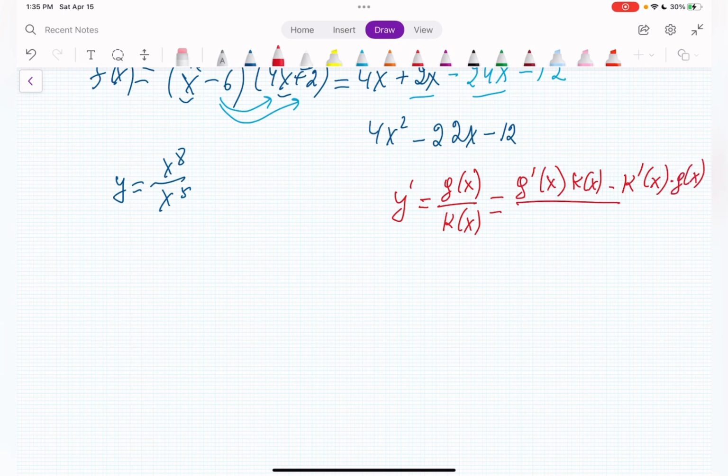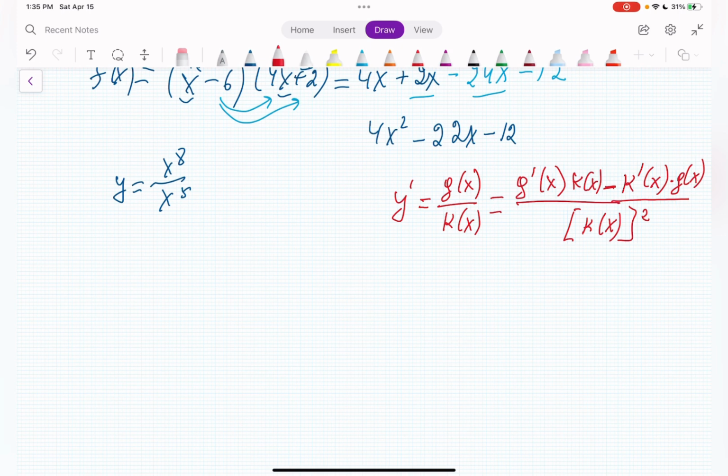The numerator is exactly like the derivative of a product, with the difference that we put minus here, not add. And the denominator is going to be k of x squared.